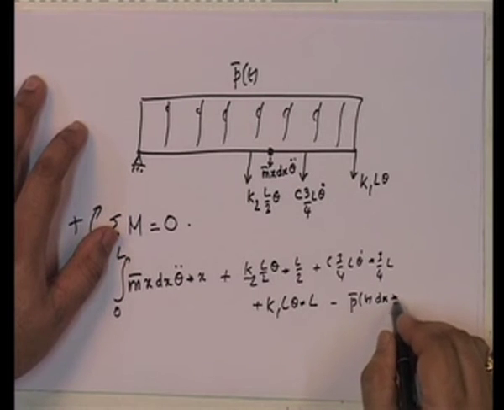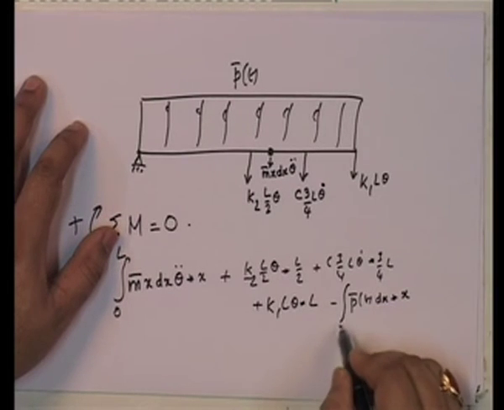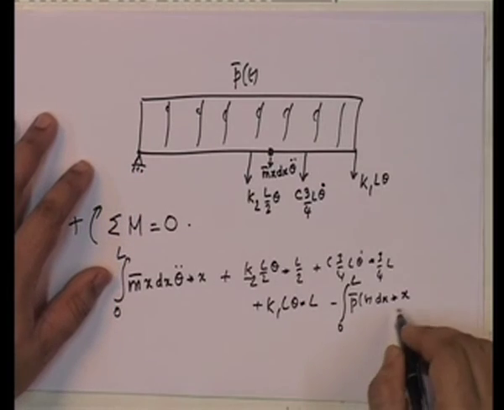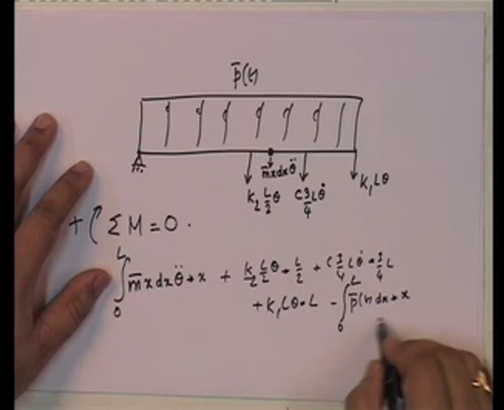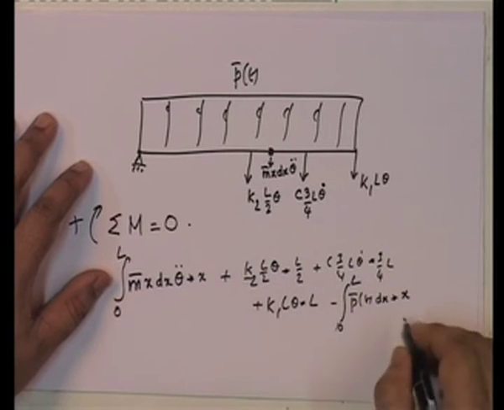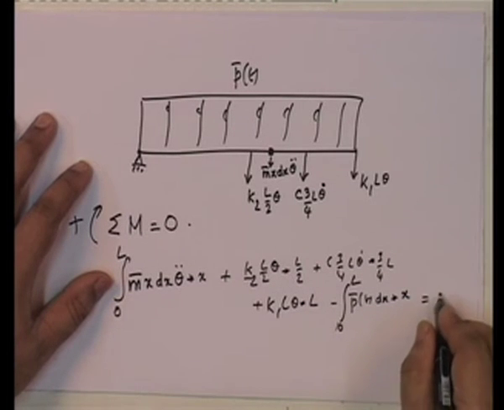That has to be multiplied by x and integrated from 0 to L, because this load acts everywhere. That is the moment of the infinitesimal load, summed up over the whole length, is equal to 0.